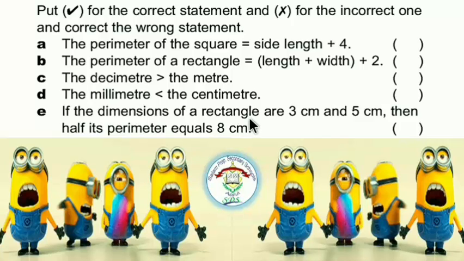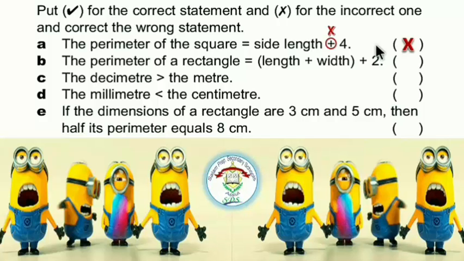Put true for the correct statement and false for the incorrect one, and correct the wrong statement. First one, the perimeter of the square equals side length plus 4. That's false.